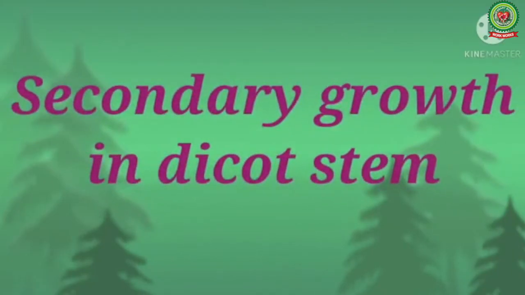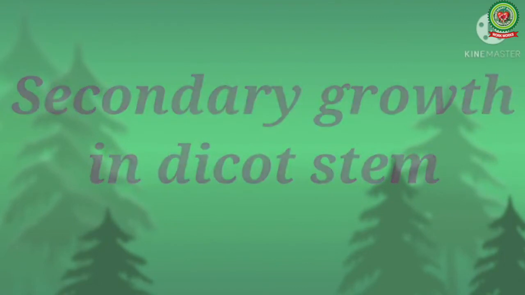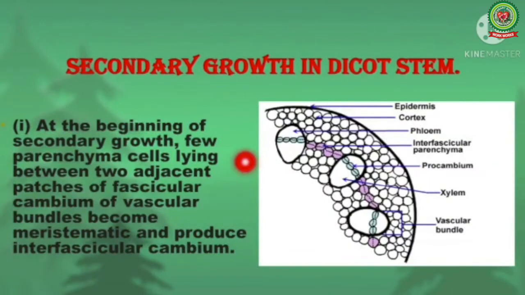Now, let's see how secondary growth takes place in a dicot stem. As discussed, in vascular bundles of a dicot stem, the cambium is present in between xylem and phloem. It is known as intrafascicular cambium.